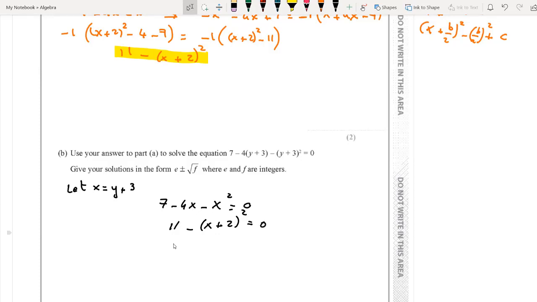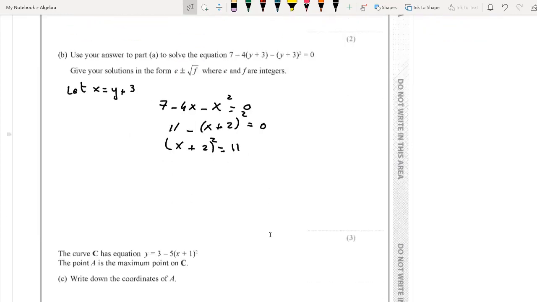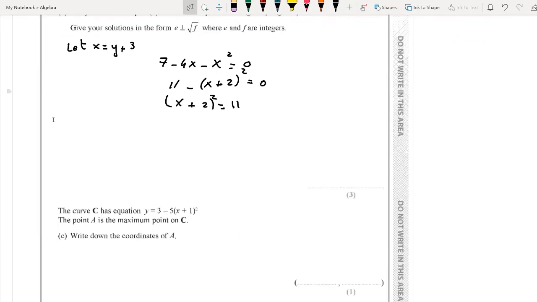Now, this means that (x plus 2) all squared is equal to 11. This means that x plus 2 has two solutions. x plus 2, for x1 and x2, is equal to plus or minus root 11.